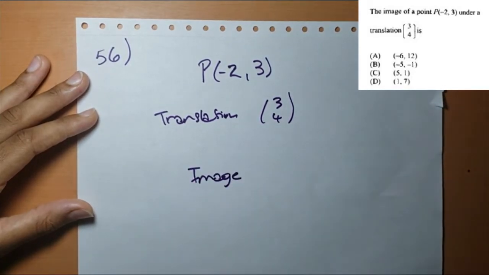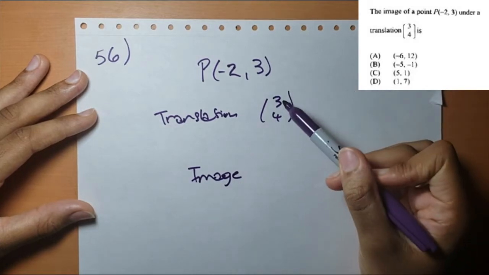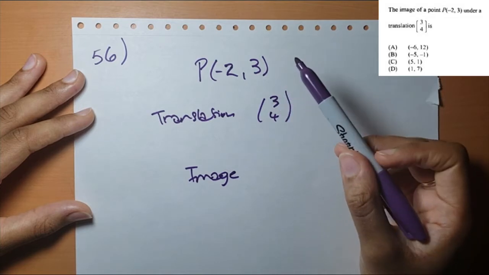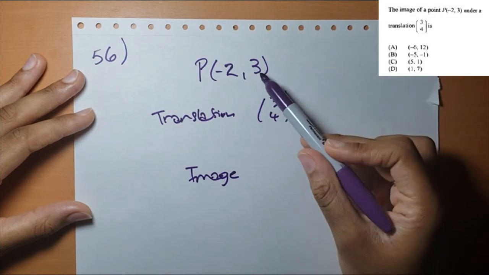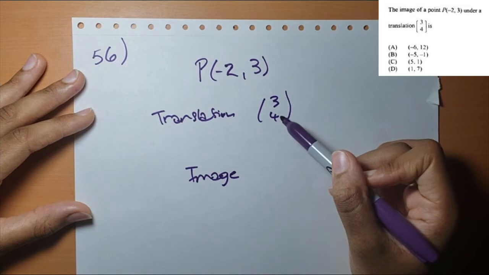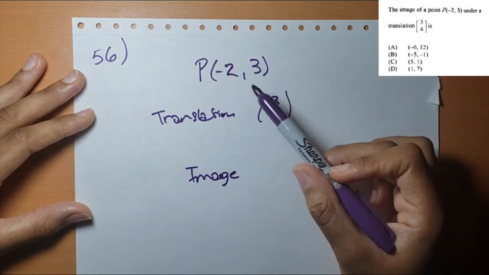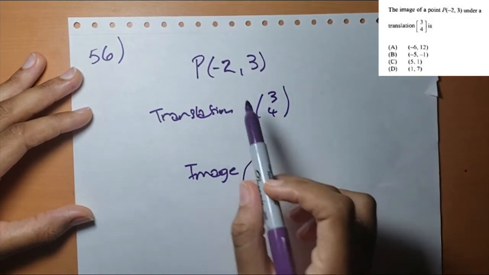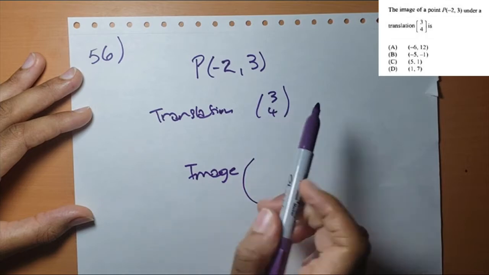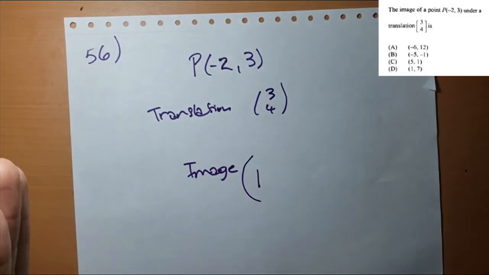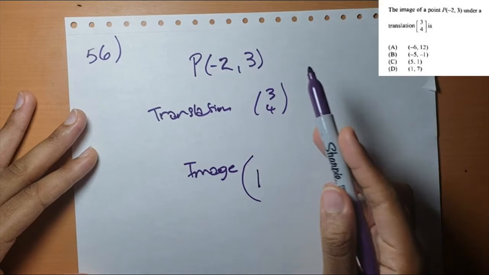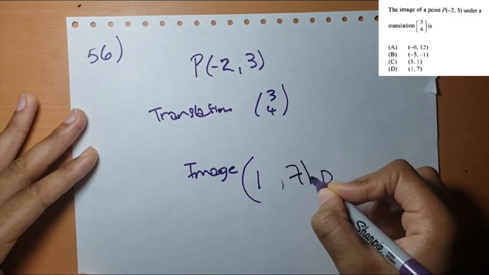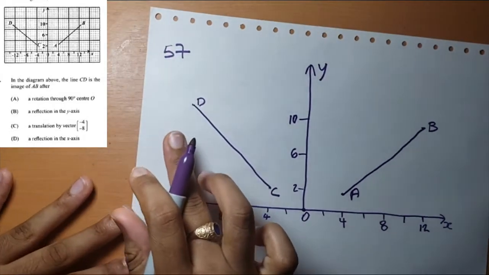So when we're doing a translation, all you have to do is increase the x value by 3, and increase the y value by 4. So now negative 2, when you increase it by 3, is going to go to positive 1. 3, when you increase it by 4, is going to be 7. And that is D.